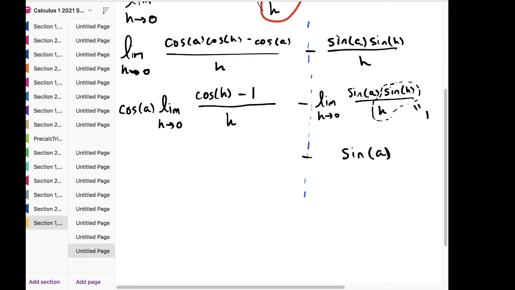Also, this would need to be squared as well, right? Yeah, what was the trick that we did for a similar problem?